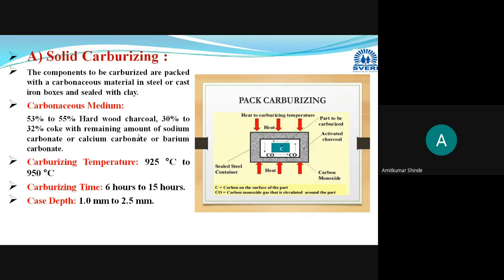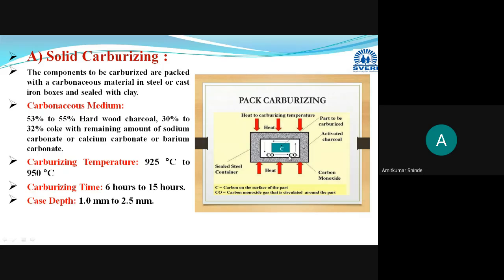The hardwood charcoal and coke provide the required carbon; this is the actual source of the carbon. Sodium carbonate, calcium carbonate or barium carbonate are added because they will accelerate the process. For that purpose we have added these elements.